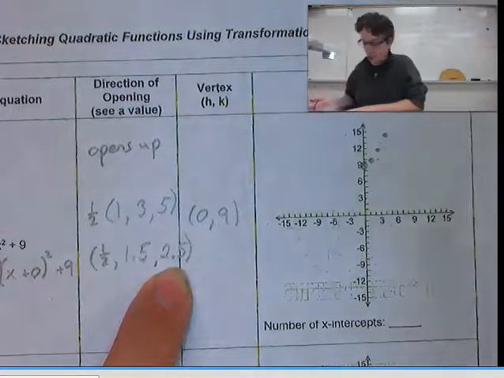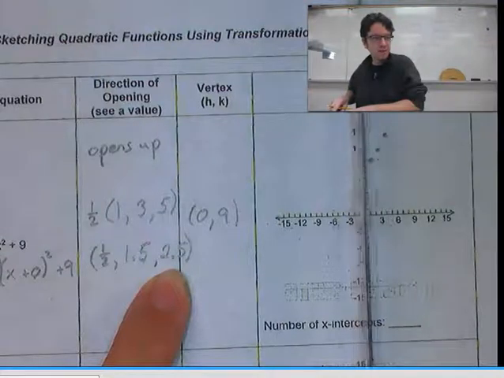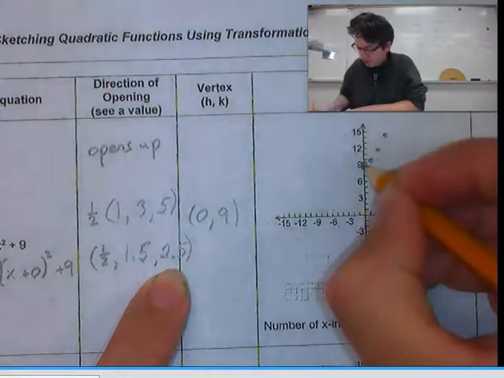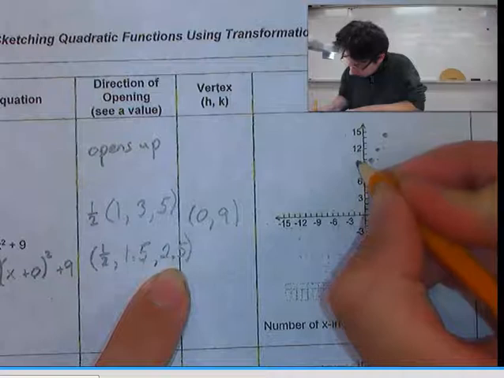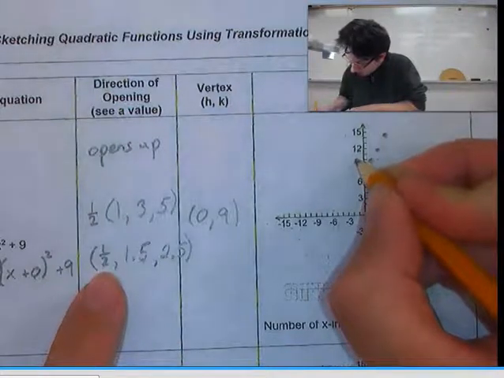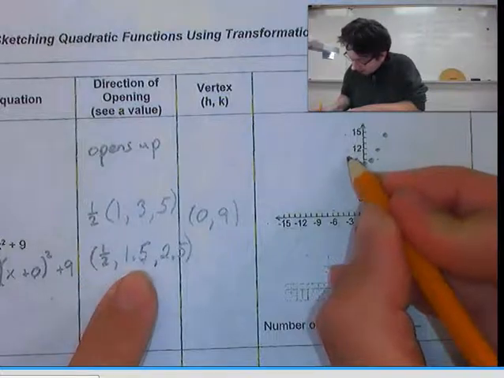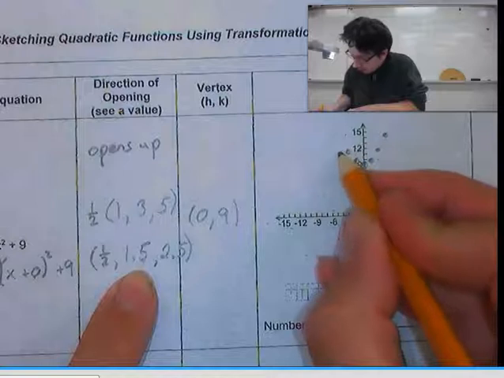And then we can do the same thing on the other side because we're going to have this symmetry involved here. So let's go back to the vertex, and instead of moving to the right, we're going to go to the left and up by half. Then to the left 1 more and up by 1.5. Then to the left 1 more.